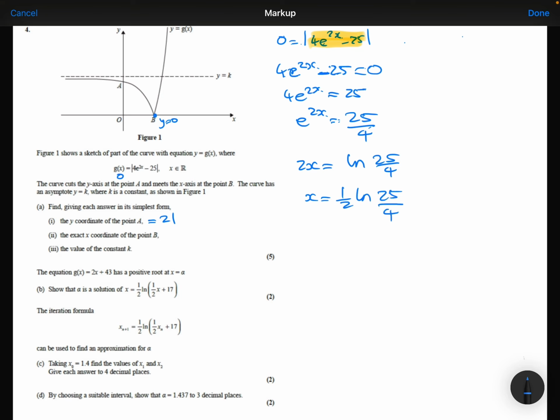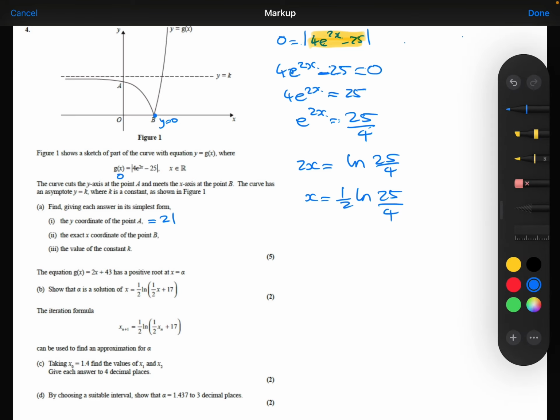We get this. But one thing that's useful to note here, to make this a little bit simpler, is that these are both square numbers. And we've got a coefficient of 1/2. Now using the laws of logarithms, I know that I can take this half and move that as a power.